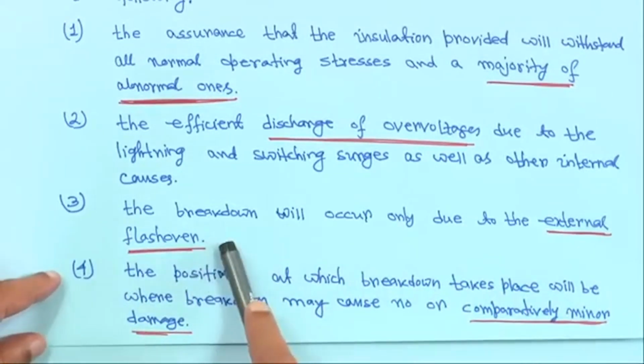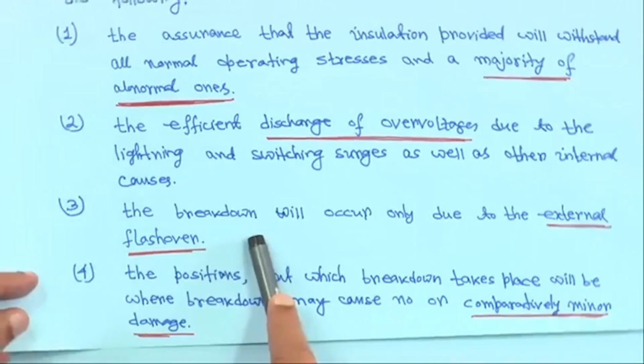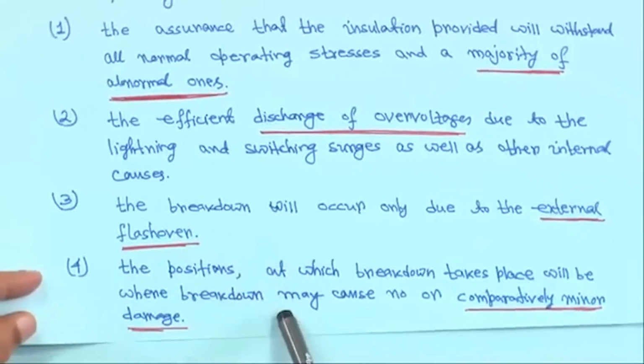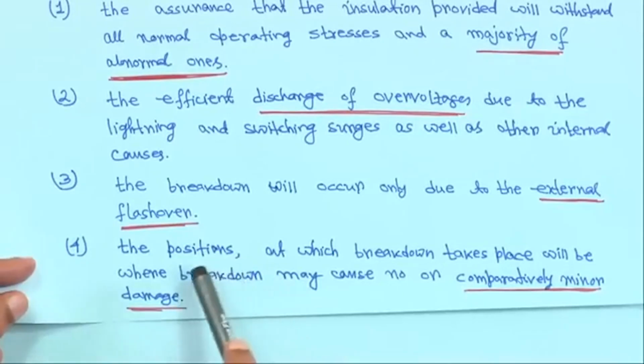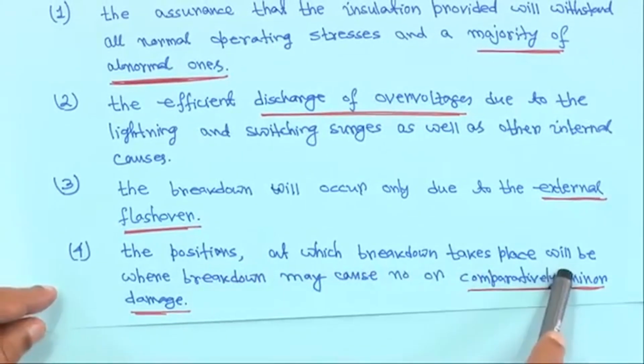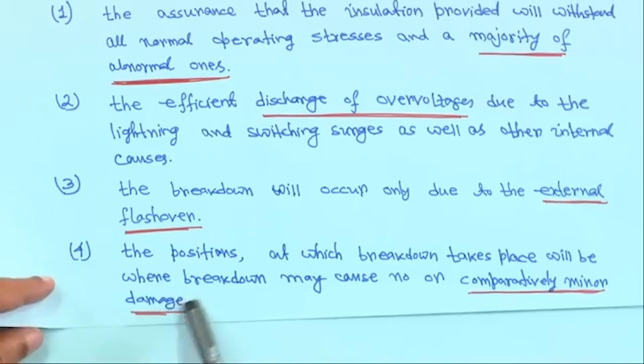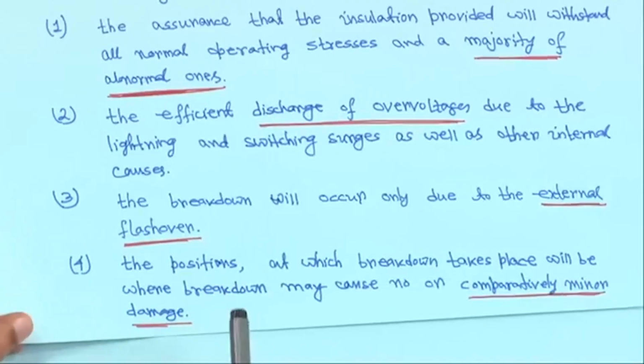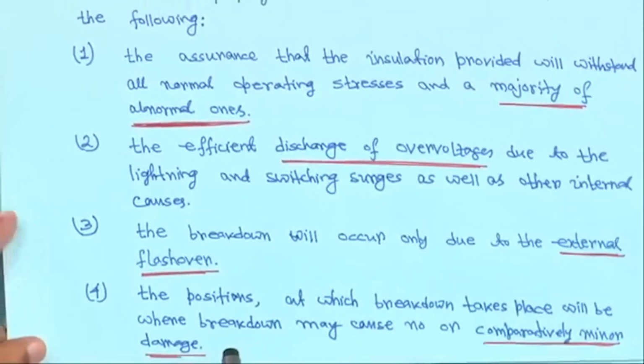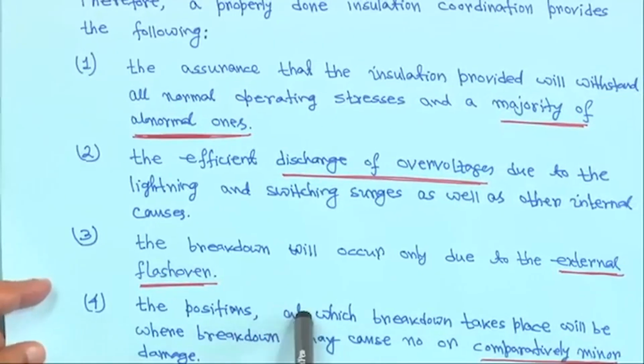There is a possibility of breakdown due to external flashover. And the positions at which breakdown takes place will be where breakdown may cause no or comparatively minor damage. If there is a breakdown also, the damage should be minor.